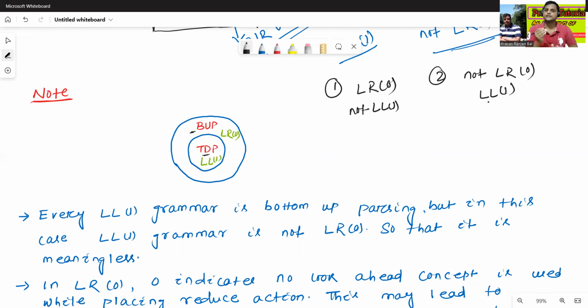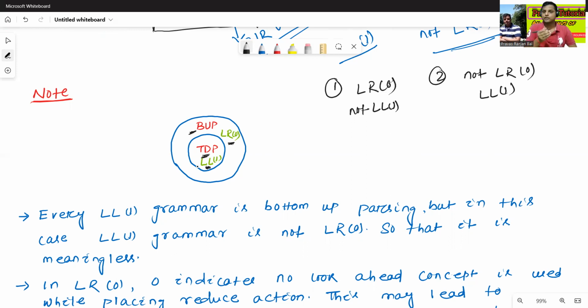Just see the observation. Top-down parsing means LL1. So every LL1 grammar should be LR0, but every LR0 grammar need not be LL1.